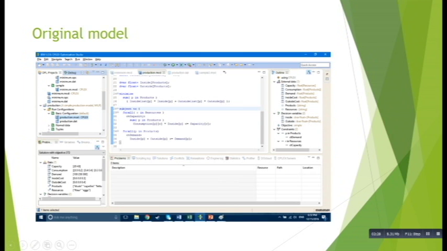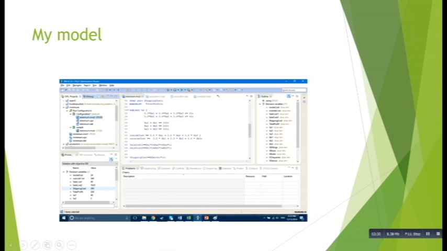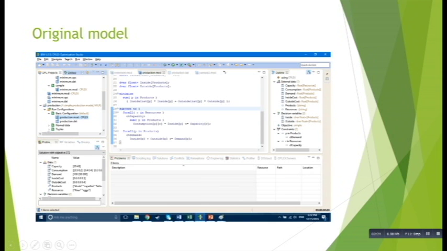Also in the original model, it takes about a minute to solve this problem, which takes a long time and gives us only a little information and data.